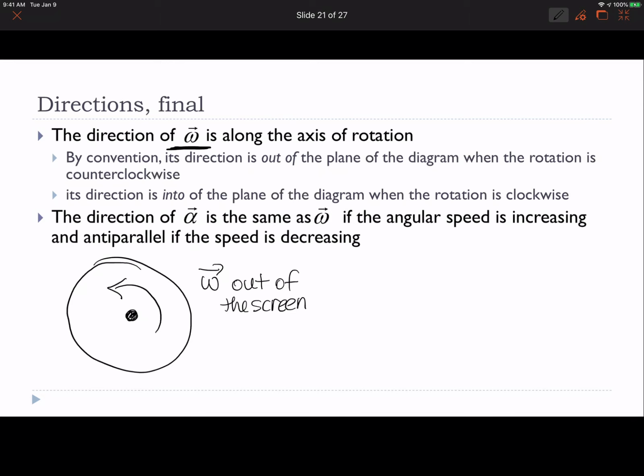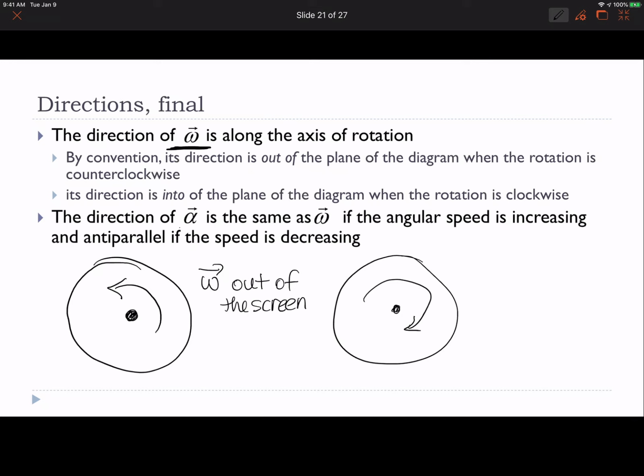And if you imagine, I can't do this in the video, but if you just plop your right hand down with your fingers in the direction of the rotation, your thumb will point up out of the screen. And then obviously if it was rotating the other way, if you were to put the fingers of your right hand in the direction of the motion, your thumb would point into the page.